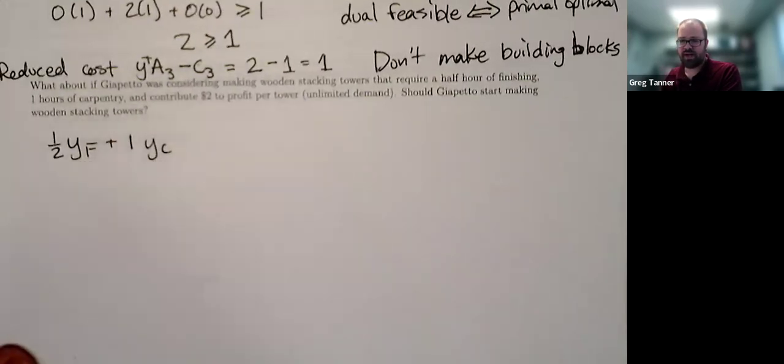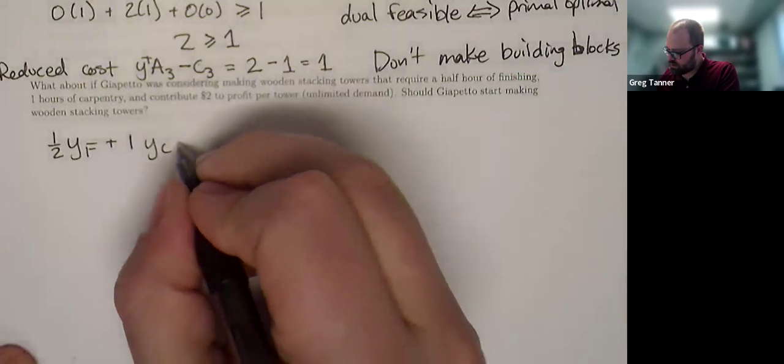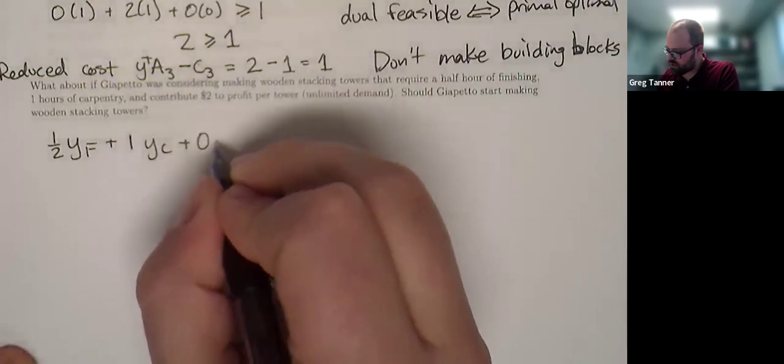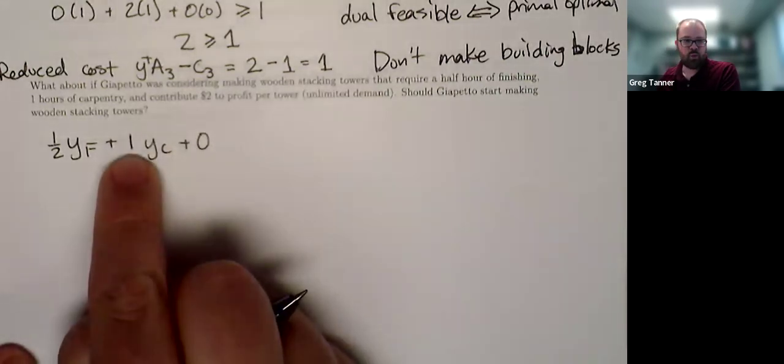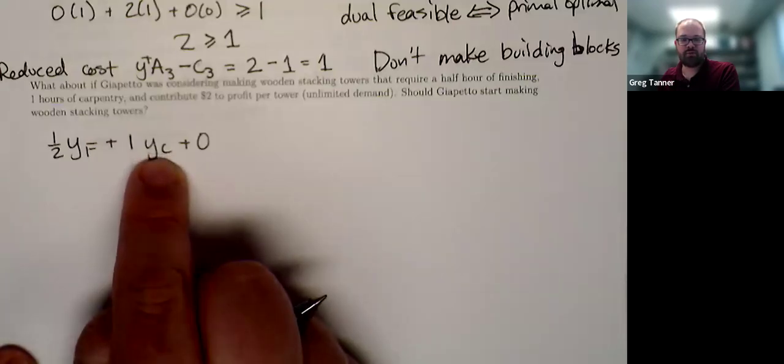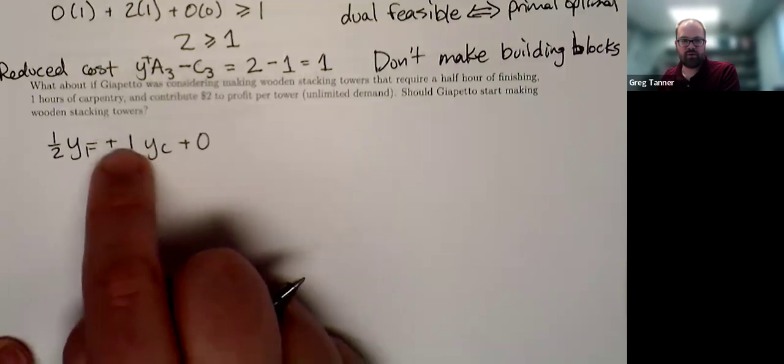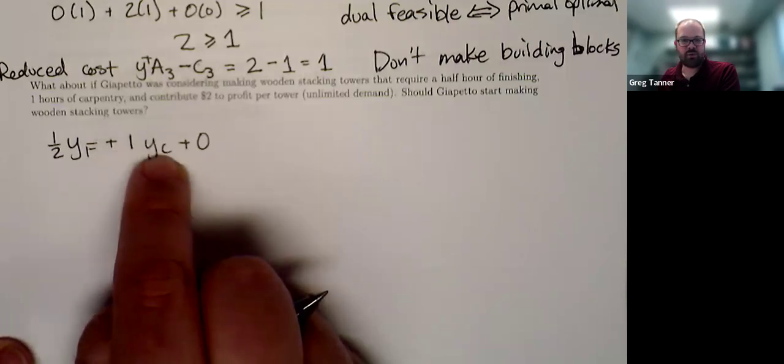Remember, the y's are the dual variables, or the shadow prices. You can think of the dual variables as dollars per hour.